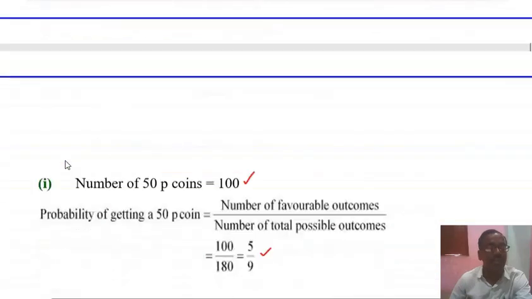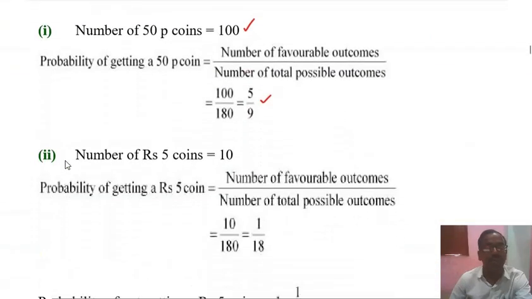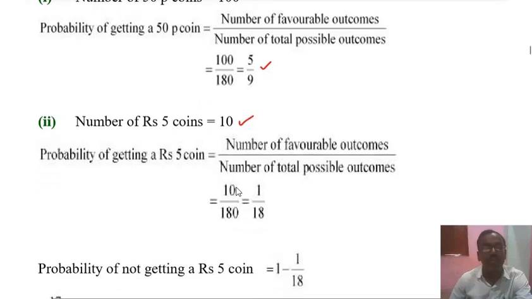So let's see. The number of 5 rupees coins is 10 according to the question, and the probability of getting a 5 rupees coin equals the number of 5 rupees coins divided by the total number of coins. After cancelling out the common factor, we get 1 by 18.